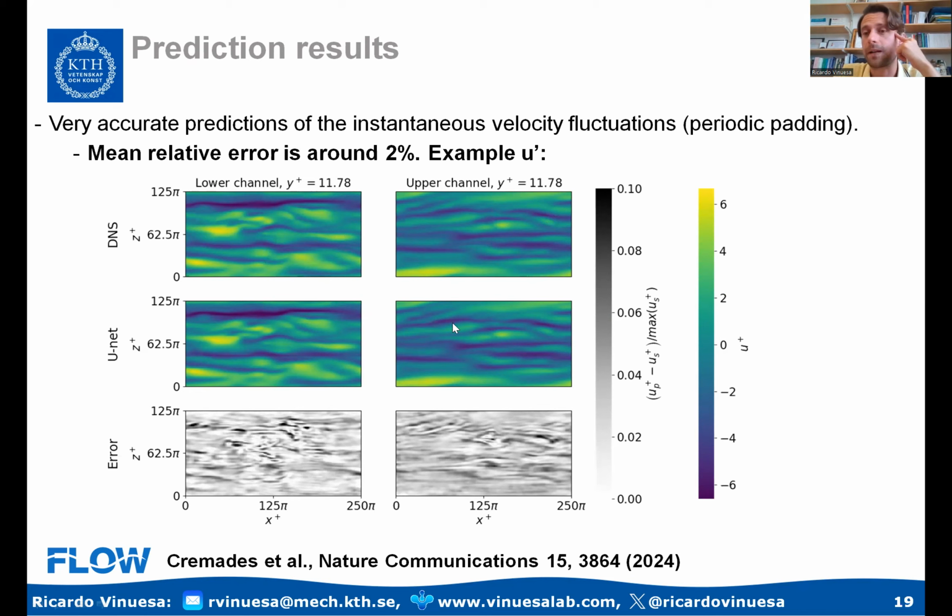You can see that the streaks are very well represented. The streaks are in very good agreement. The statistics, the spectra, everything is actually pretty good. So this is a good surrogate model to play our game of removing extractors and see what happens.